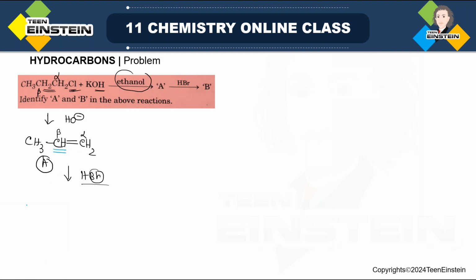This carbon has fewer hydrogens, and that is the reason Br will be attached here, and hydrogen will be attached here. So this is CH3, CHBr, CH3. Fine. So this is identify A and B in the above reaction. This will be our A and B.